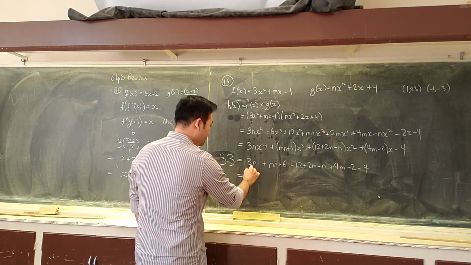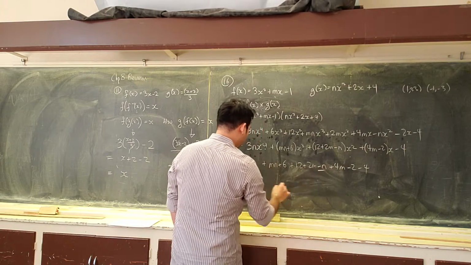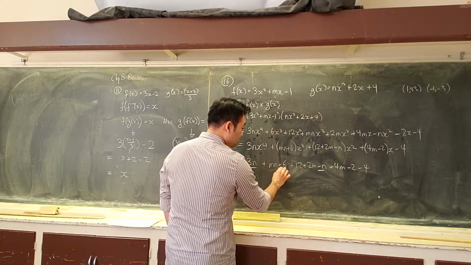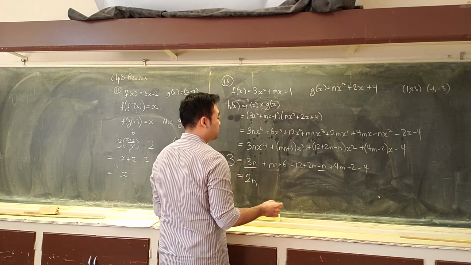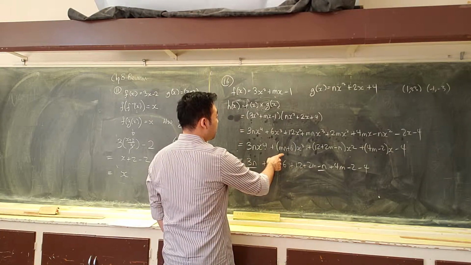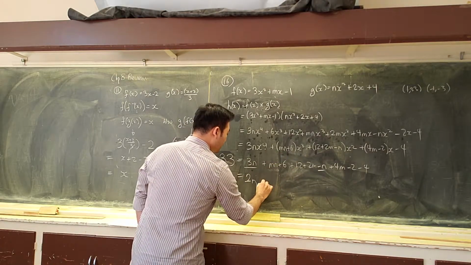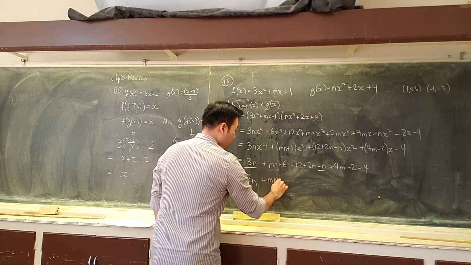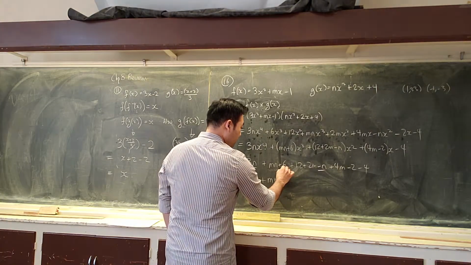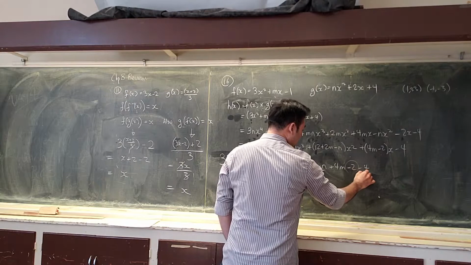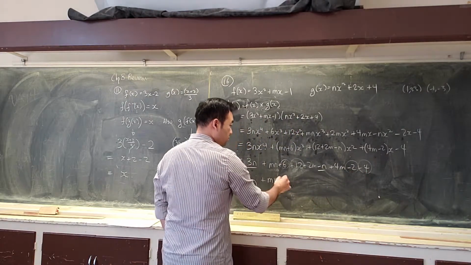Any n's? So 2n. Any mn's? No mn's. Only 1. Okay, that doesn't help me. Regular numbers, 6, 12, that's 18, 16, 12.